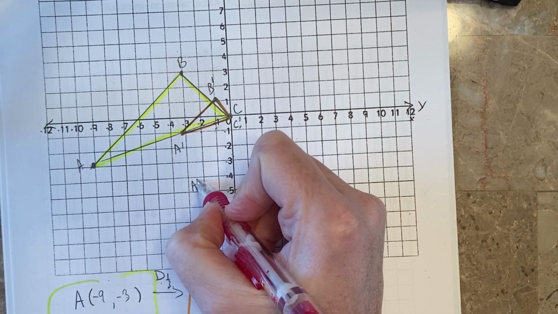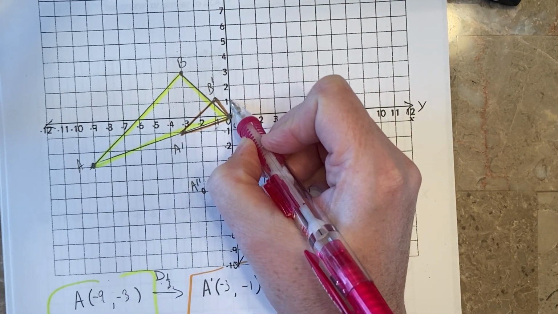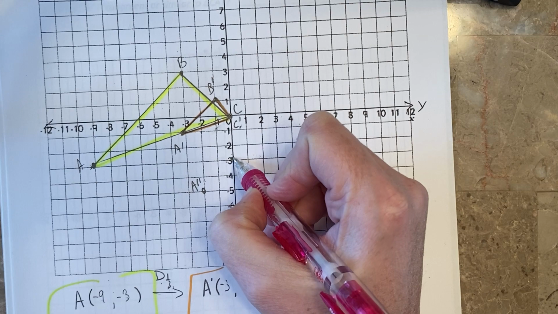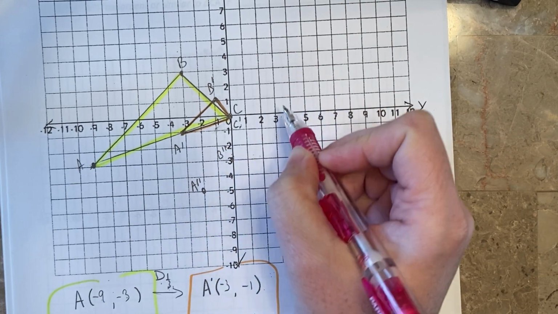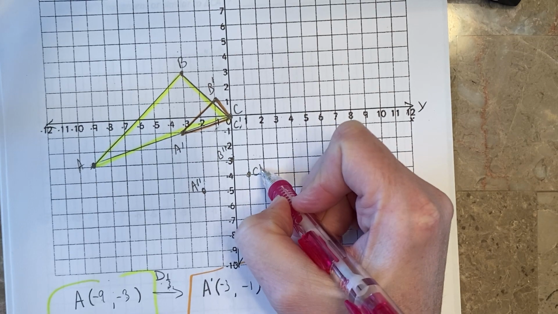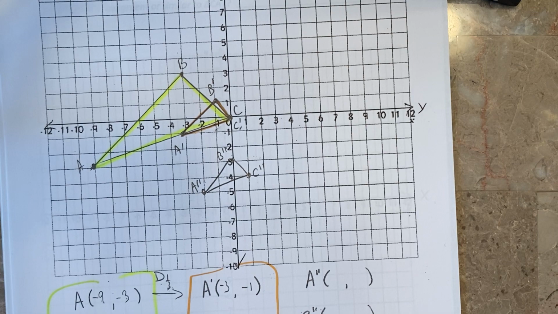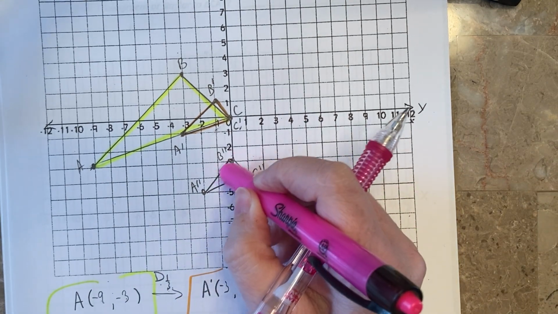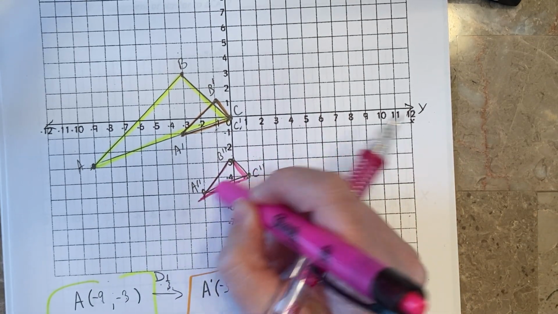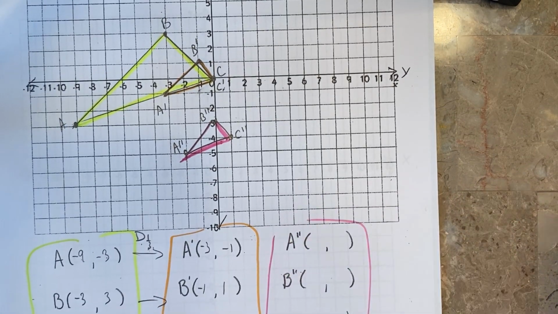And that's going to be A double prime. Now we're going to go to B. 1 to the right and 4 down. That's going to be B double prime. And then C, 1 to the right, 4 down, and that is C double prime. And that is your translation.